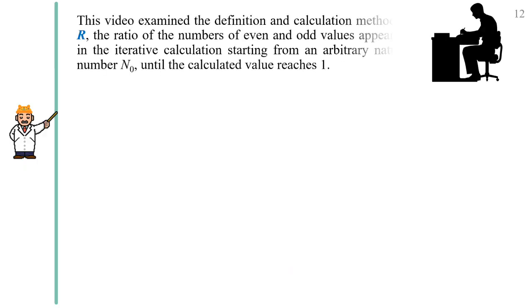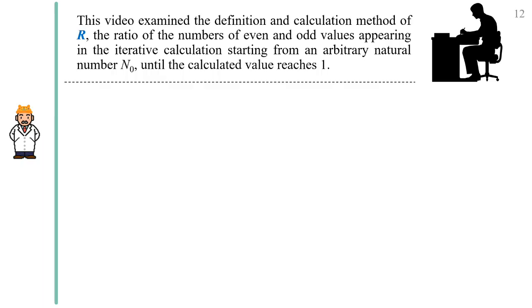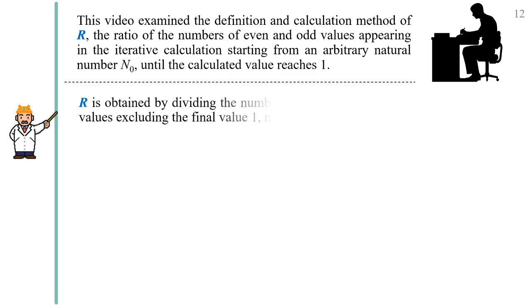In summary, this video examined the definition and calculation method of R, the ratio of the numbers of even and odd values appearing in the iterative calculation starting from an arbitrary natural number n sub 0 until the calculated value reaches 1. R is obtained by dividing the number of even values by the number of odd values, excluding the final value 1, that is, n minus 1.